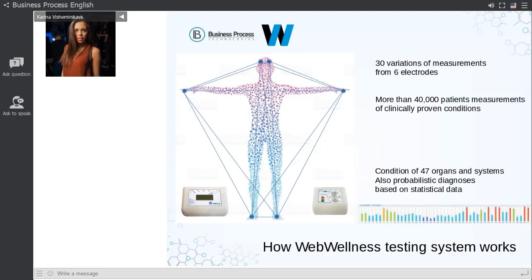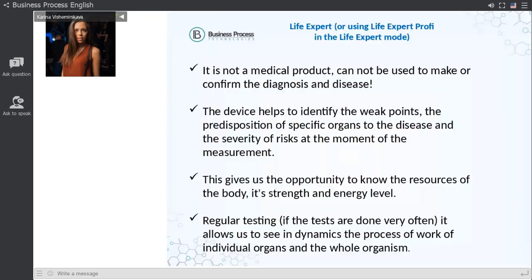Basically, on this picture, we can see the person, and this is how our test is done by measuring the electroconductivity from all the active points. Why these points, you can ask me? Because their projection is related to various zones, organs, and systems in the body.